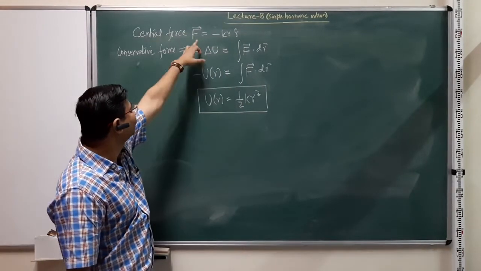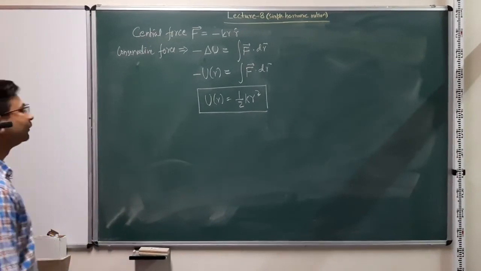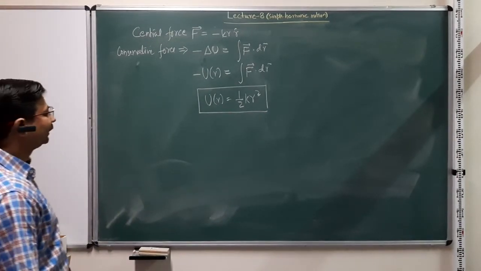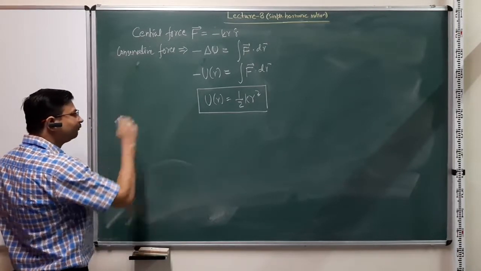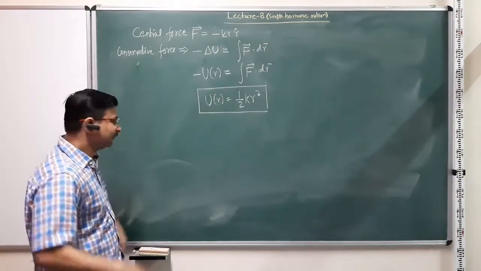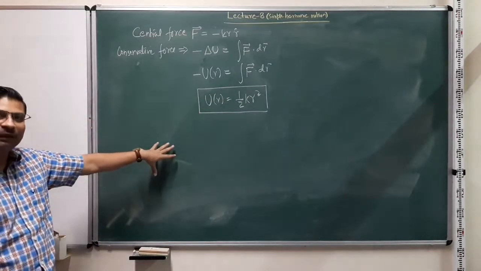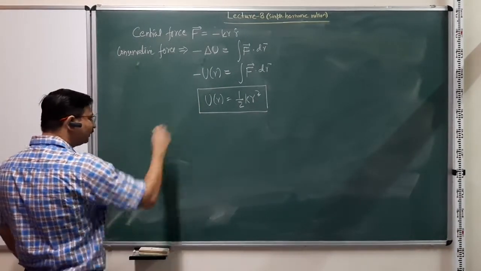And now, once we know the force and the potential energy, we can try to see the evolution of the system in time. Let's do that in one dimension, because this is a central problem, so it's only the one coordinate which is responsible. Whatever we do for a one dimensional system is also valid, and we can extend it to other dimensions.